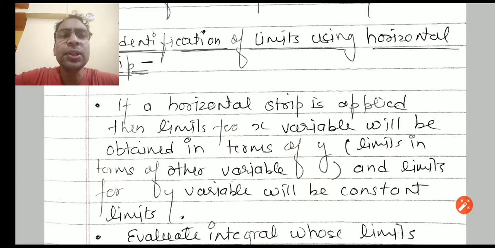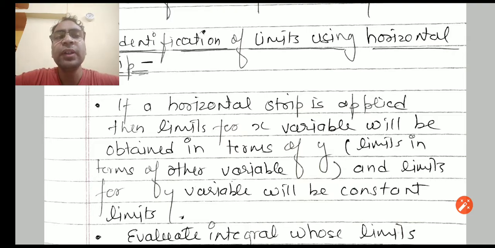If a horizontal strip is applied, then limits for the x variable will be obtained in terms of y. That means the limits of x will be variable limits, in terms of y, and limits for y will be constant limits. So this is the type 2 method.